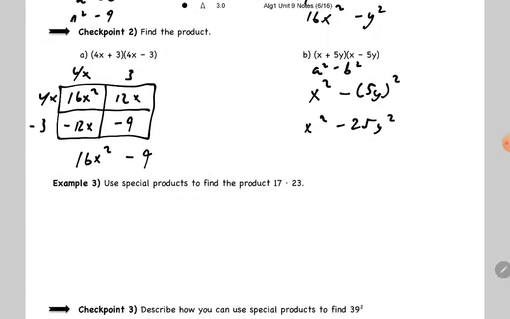Example 3. Use special products to find the product of 17 times 23. Normally, whenever you have this situation, just go ahead and use your calculator, or, if you really want to do it freehand, this is simple. 3 times 1 is 3, plus 2 is 5.